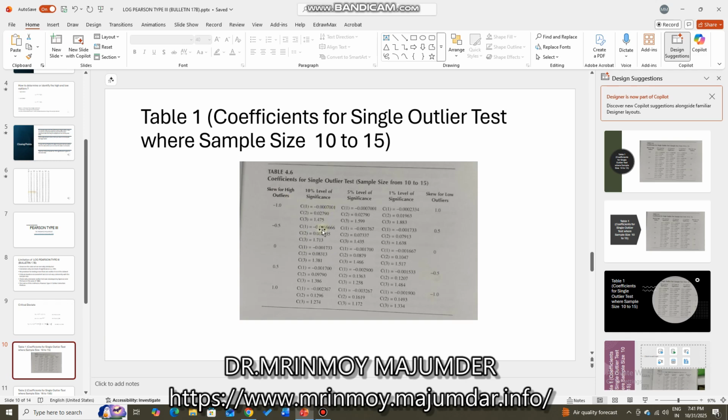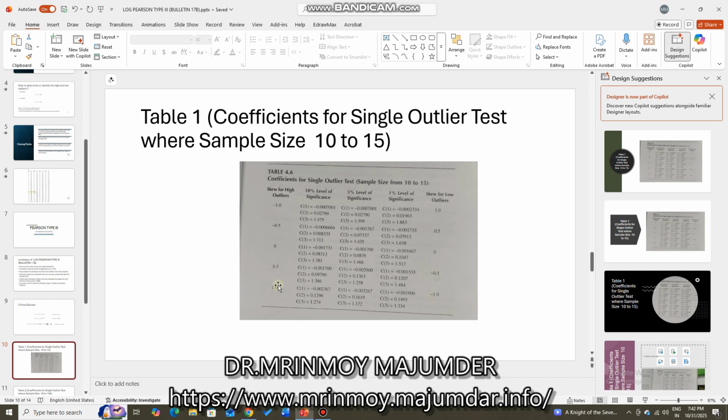And the coefficient value will change with the significance level also, 10%, 5%, 1%, and skew. So if it is a high outlier, the skew is given here, right? So find the skew first, but there is no requirement for that thing, minus 0.4 and less.